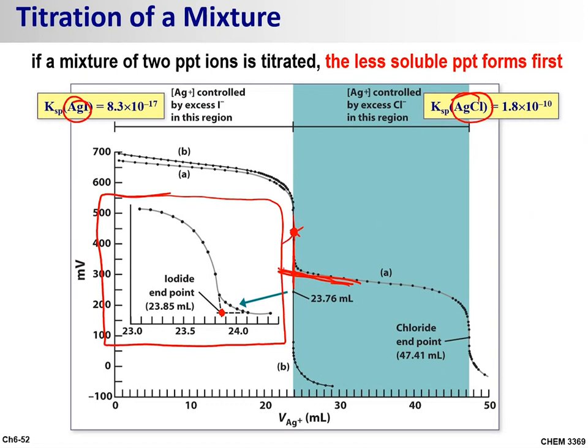For the second endpoint, we just use the middle part. But for the first endpoint, we need a more careful estimation of the endpoint.